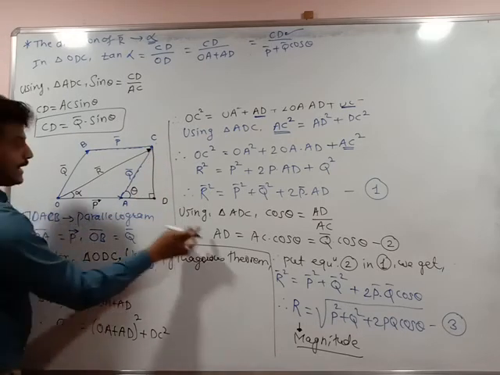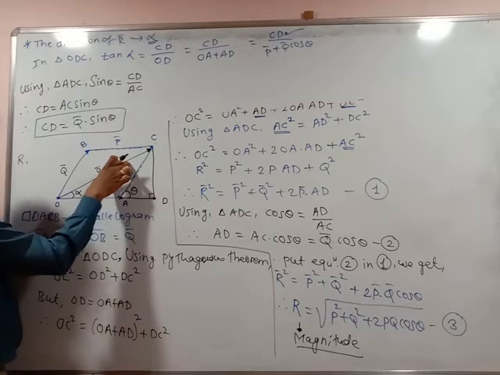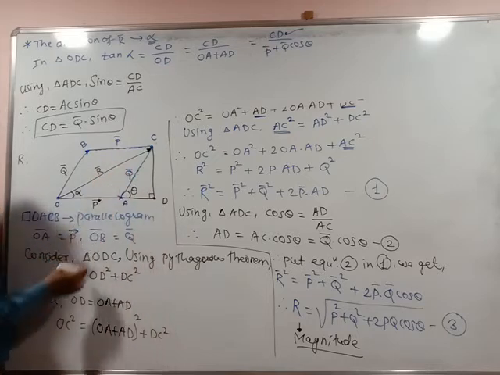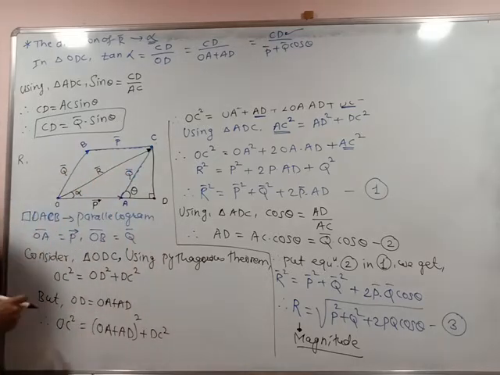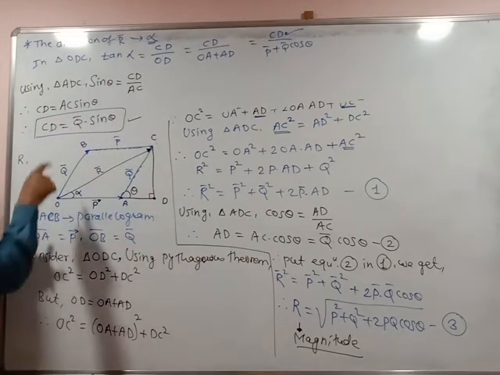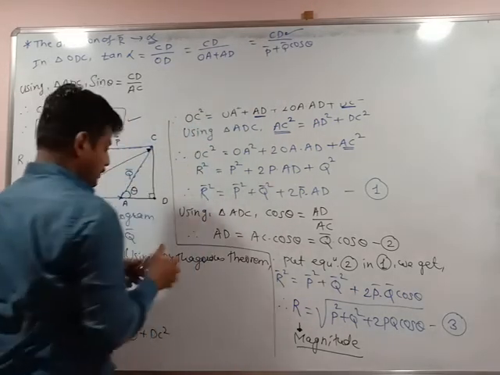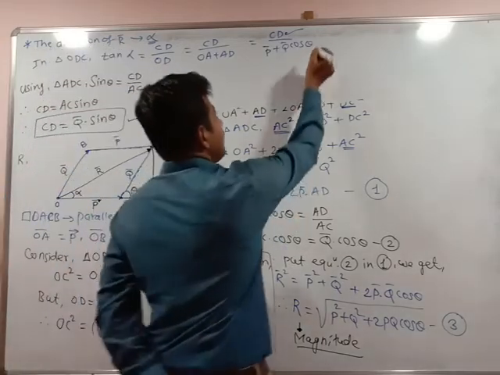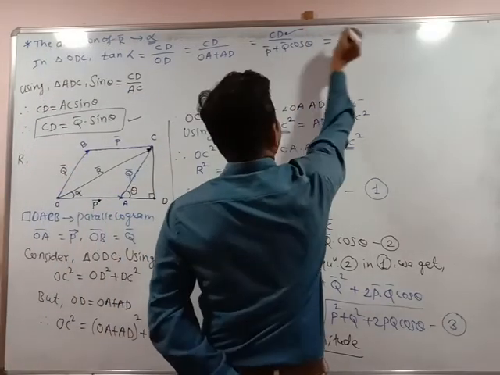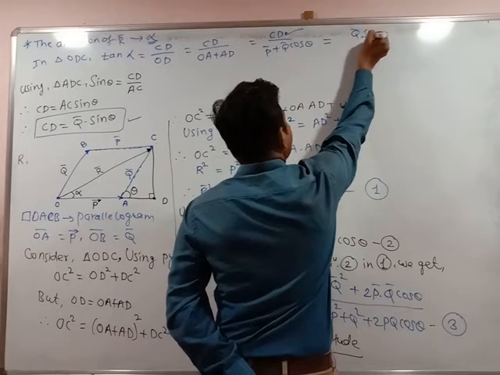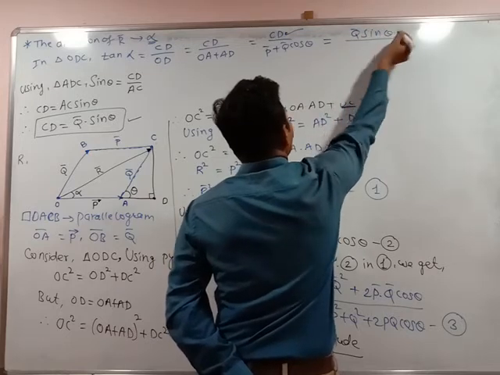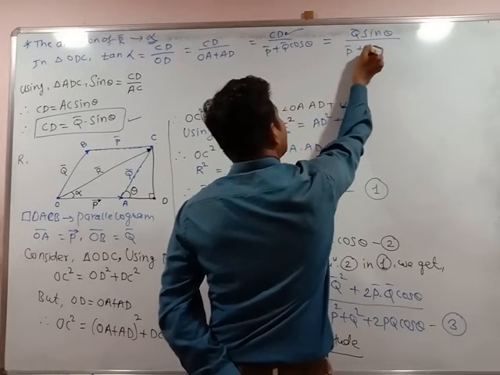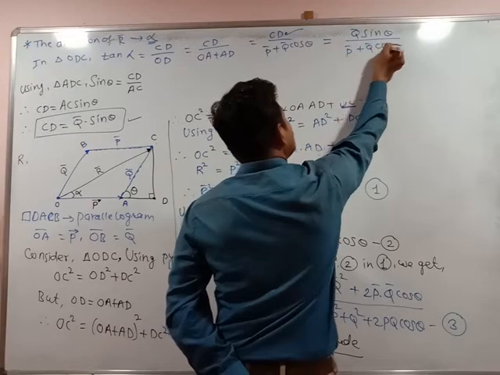Earlier you got AD as Q bar cos theta. Now you have got CD is equal to Q bar into sin theta. Put this value of CD here. What do you get? CD is Q bar into sin theta upon P bar plus Q bar into cos theta.